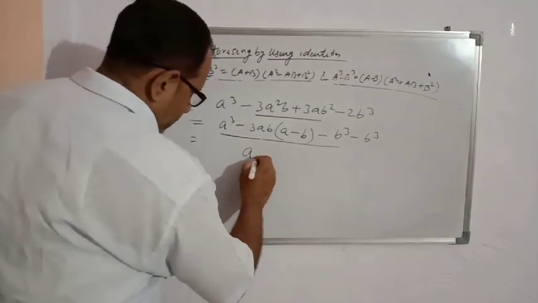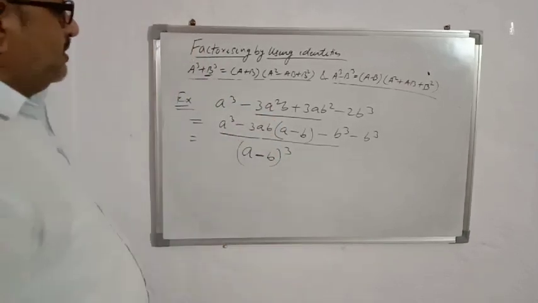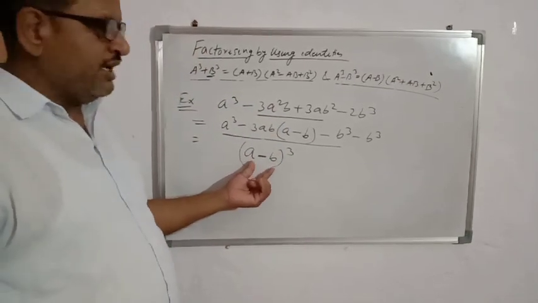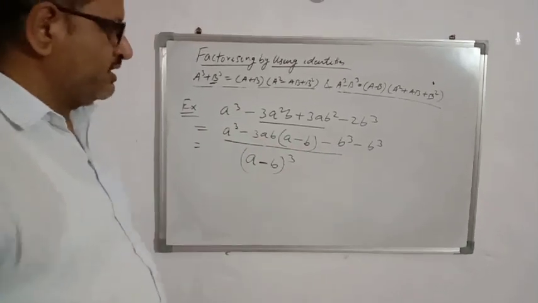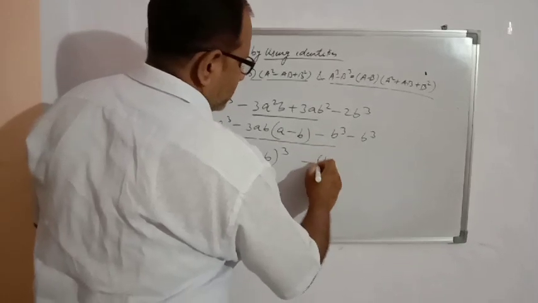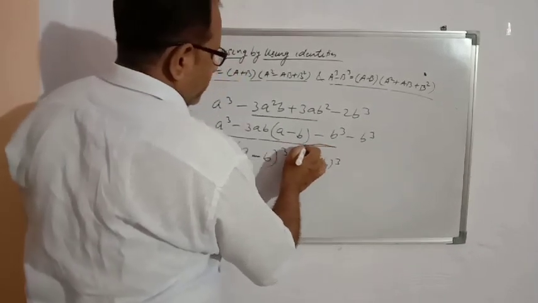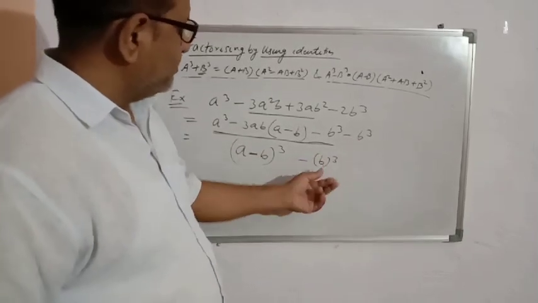It is the formula, the expansion of a minus b whole cube. Then minus b cube. So the first 3 terms can be written as a minus b whole cube, and the last term is minus b cube.